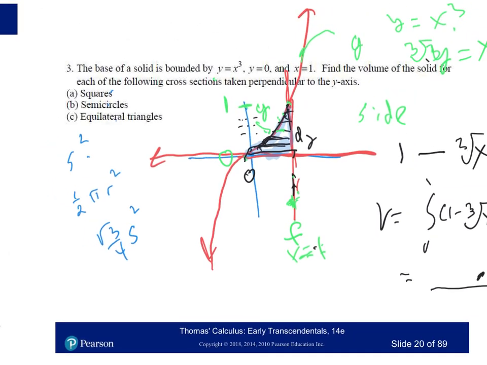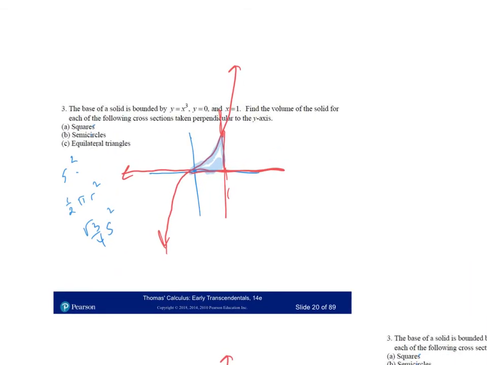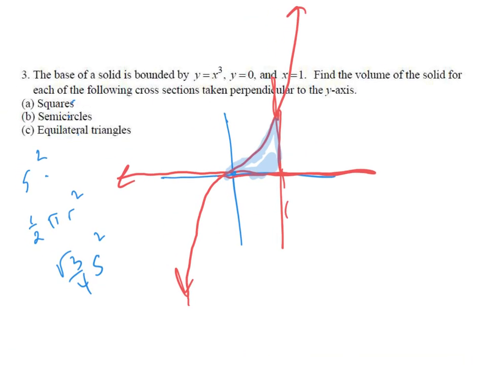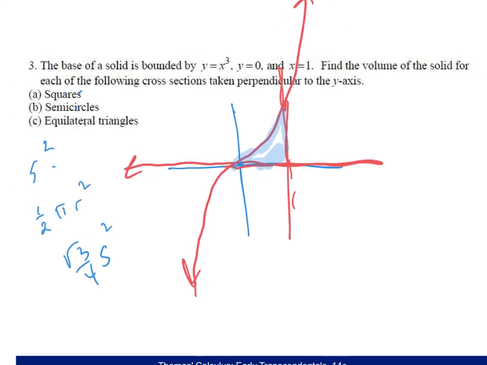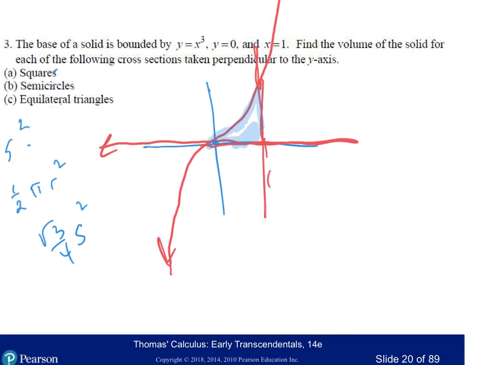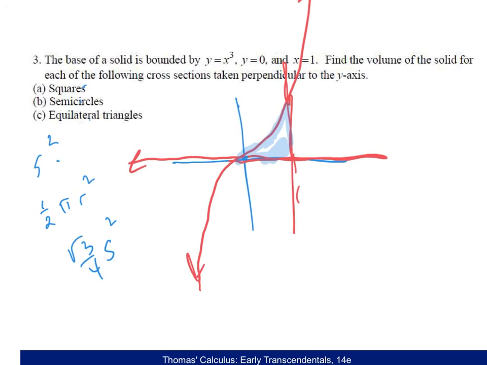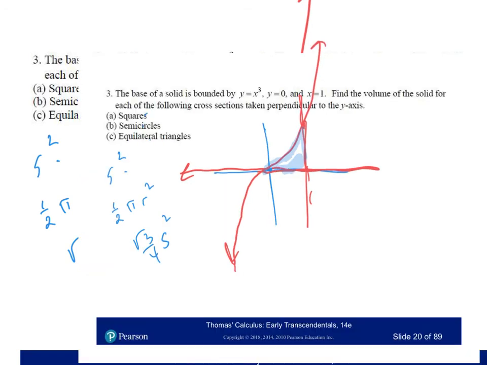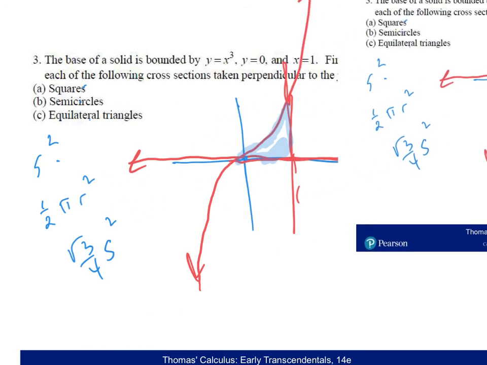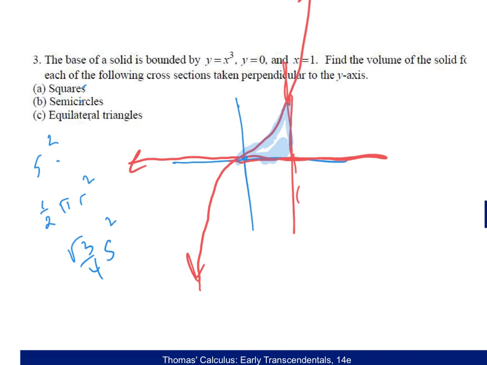Semicircles, same region. Well, we go back up here. I have a picture of it over here. Here it is, same region. Let me make a copy of this piece so I have two of them still. Okay, move it out of the way.